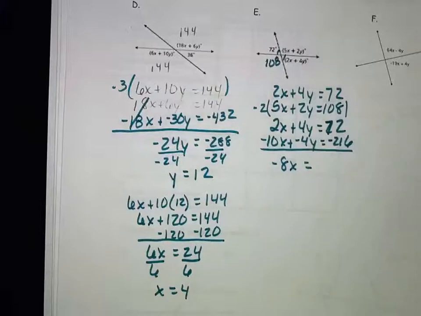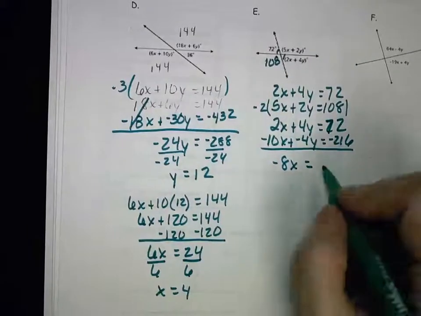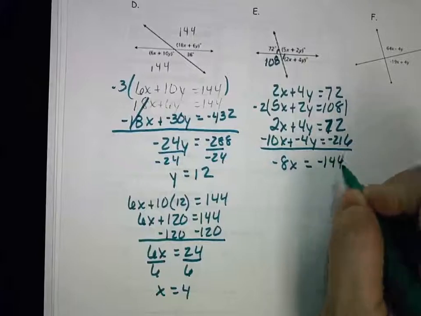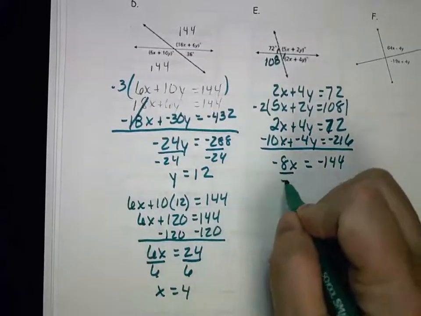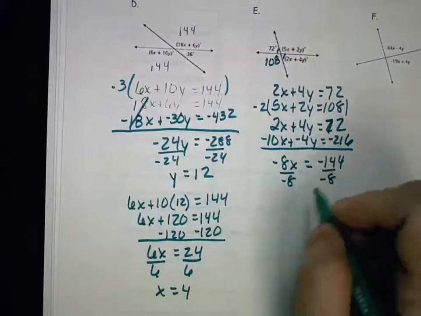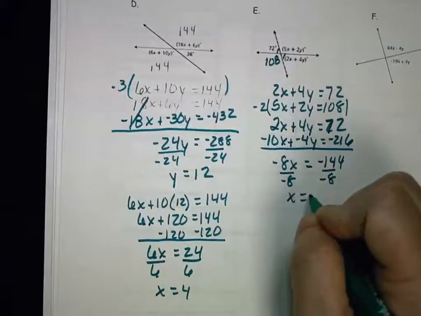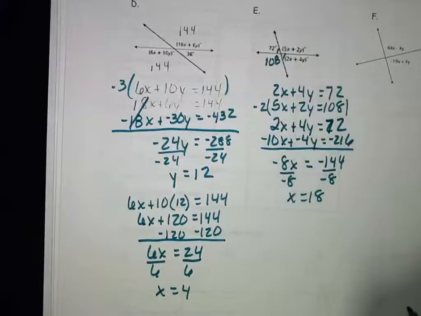So that becomes -8x equals -144. And when you divide both sides by -8, x then equals 18.